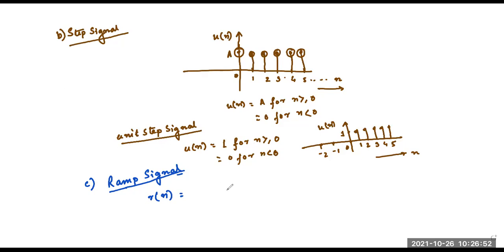So r(n) equals n for n greater than or equal to 0, and equals 0 for n less than 0. That is the ramp signal. So how will the signal look like?